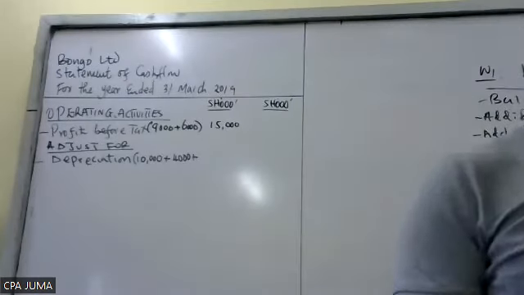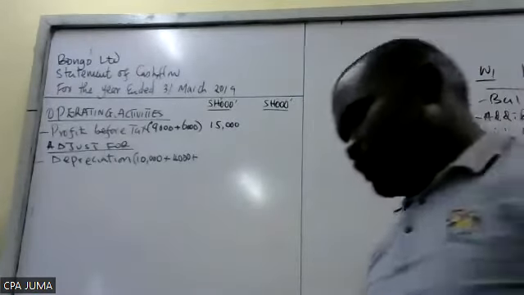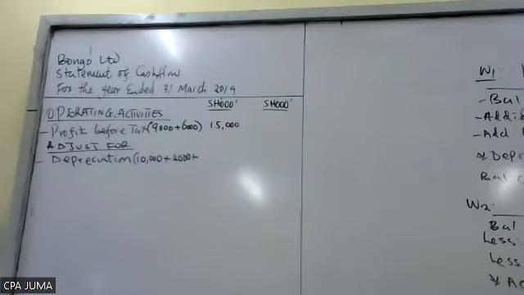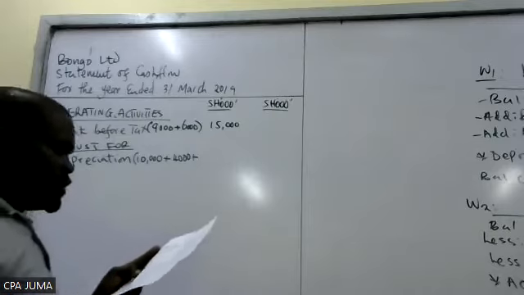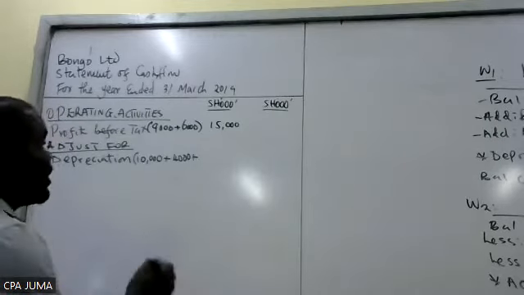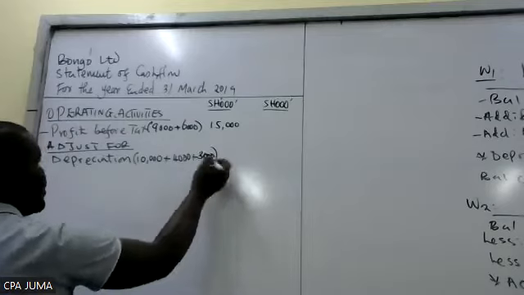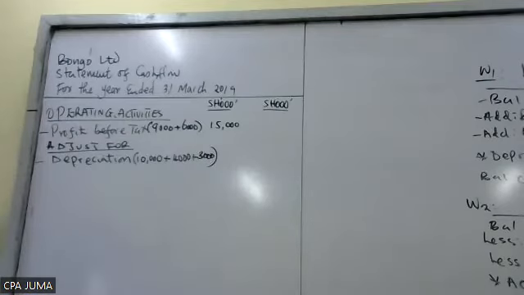Tell me what is happening there. So the decrease from 28 to 25, depreciation of how much? 3. Add all that, 17.